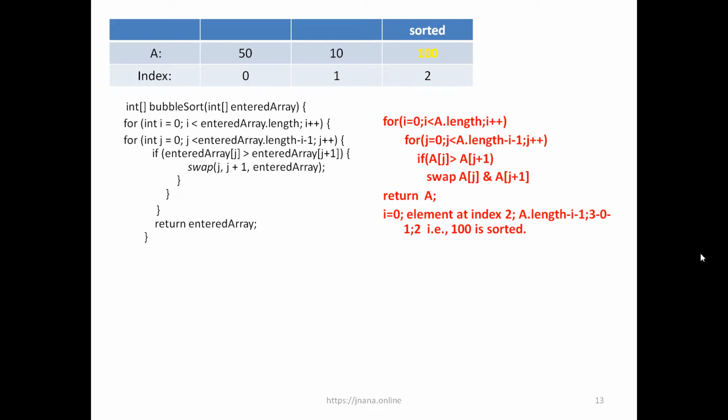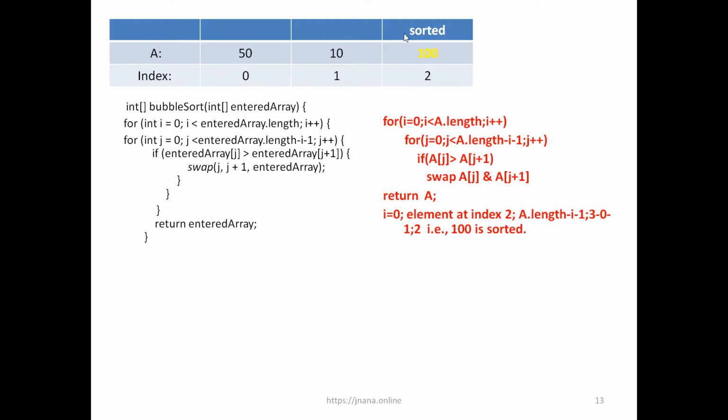i equal to 1. Here, when i equal to 0, the element at index 2 is sorted, where a.length minus i minus 1 is 3 minus 0 minus 1, that is 2. That is the reason why we have given the value as array.length minus i minus 1. For the ith iteration, when the last element is sorted, we will compare only the remaining elements, 50 and 100.